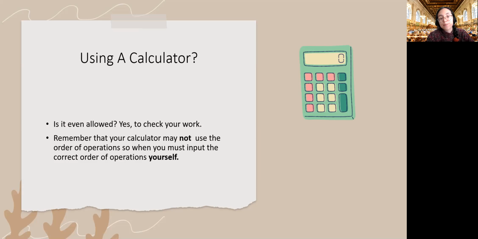But remember that your calculator may not use the order of operations. You may have to input that yourself. The calculator is not always going to know what you're talking about, especially if you're not using grouping symbols or if you yourself are just being reckless with the calculator and depending on it. So please use it responsibly, under the guidance of a teacher. Maybe some teachers or professors will not allow you to.